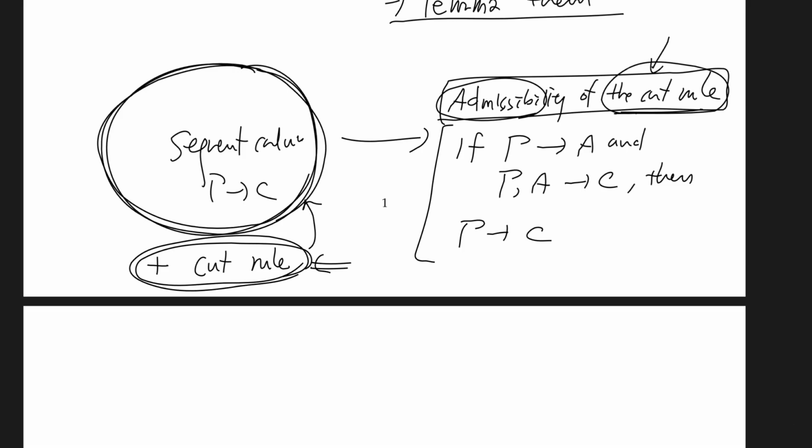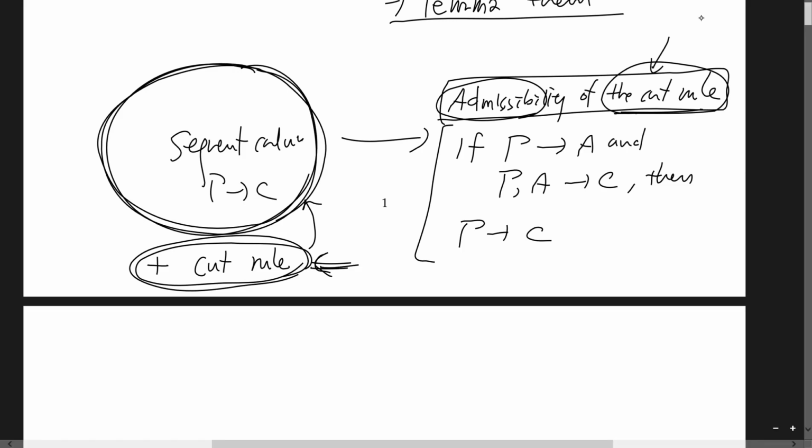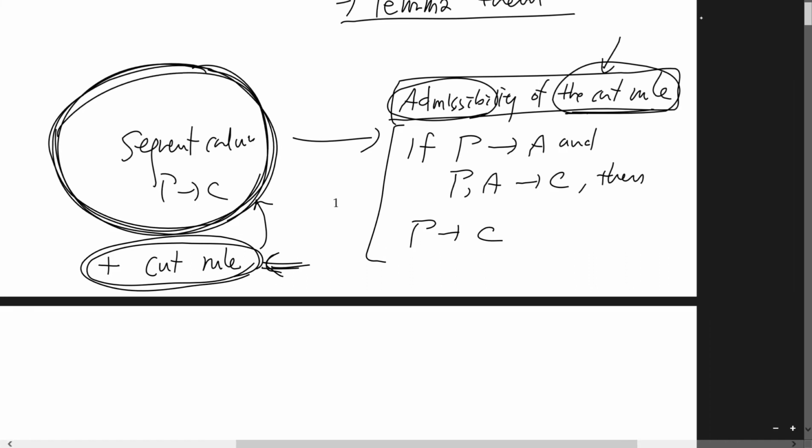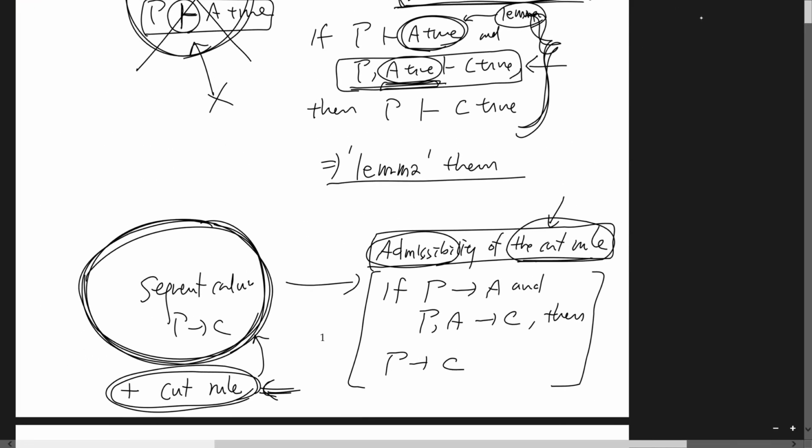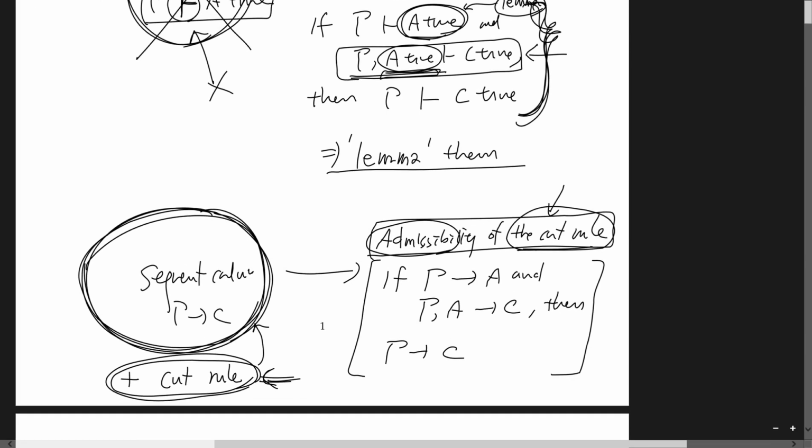Or in other words, adding this cut rule does not change anything at all in this sequent calculus. And this statement, admissibility of a cut rule, resembles quite a bit the previous substitution theorem, although the interpretation is very different.